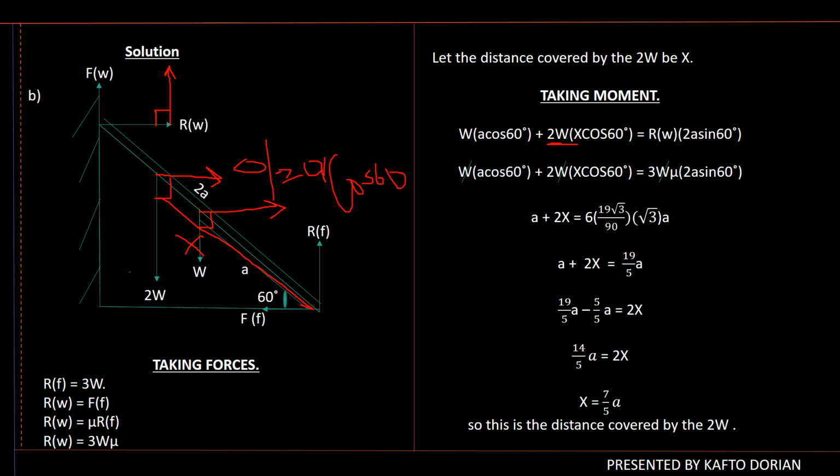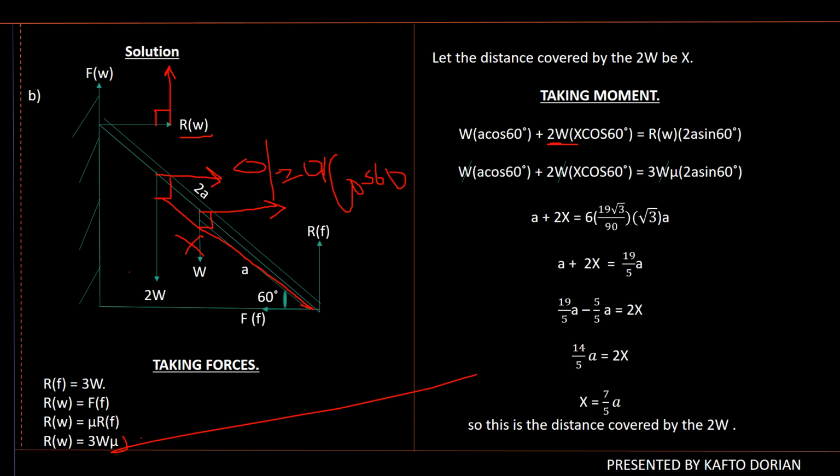Since you need a vertical perpendicular distance, you will use a sine trigonometric function, sine 60 degrees at this particular angle, times the distance from the normal reaction force of the wall to the ground, which is 2A, times the force, which is the normal reaction force of the wall. Then simplifying, you have the normal reaction force of the wall that you just calculated here. The weight we just cancel. Then I'll divide both sides by cos 60 degrees.